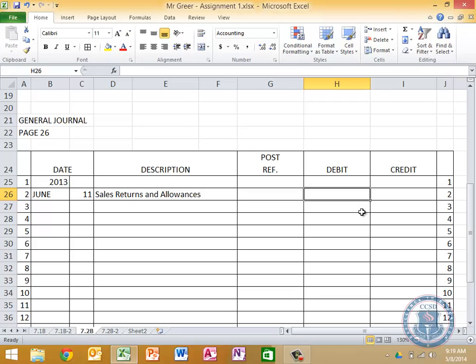How much money is coming back? What does it say in the problem? Accepted a return of a damaged chair from Carmen Cruz. The chair was originally sold on sales slip 1602 June 5th, issued a credit memorandum 215 for $540, which includes $40 of sales tax. So how much are we returning of the actual sale if it has $40 of sales tax in it?